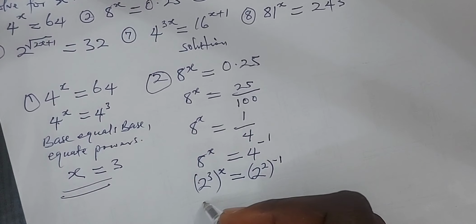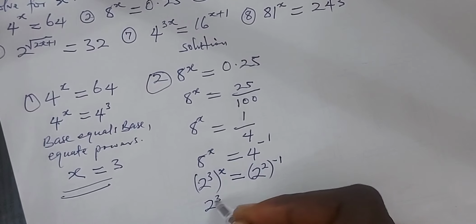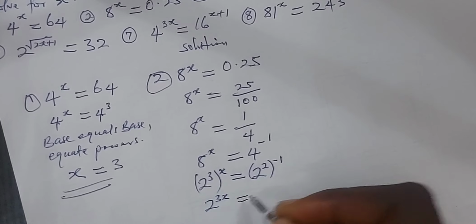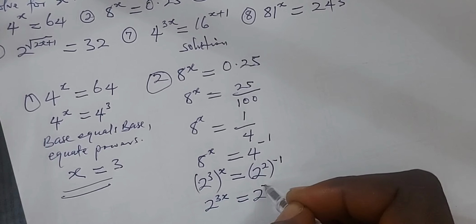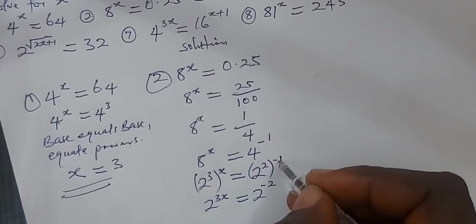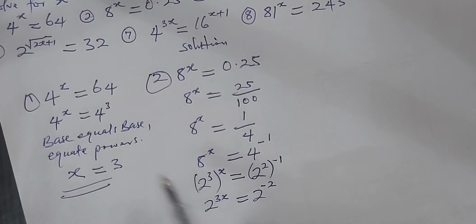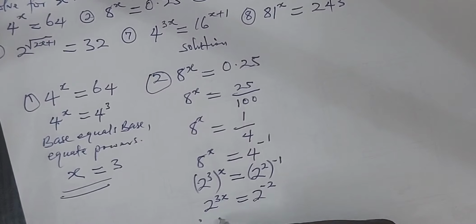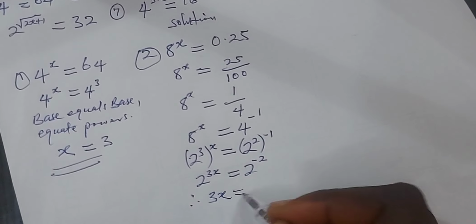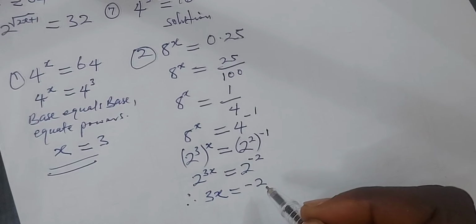So we have 2 raised to the power of 3x equals 2 raised to the power of minus 2, since 2 multiplied by minus 1 is minus 2. Like I said before, base equals base, equate powers. And therefore, we have 3x equals minus 2.